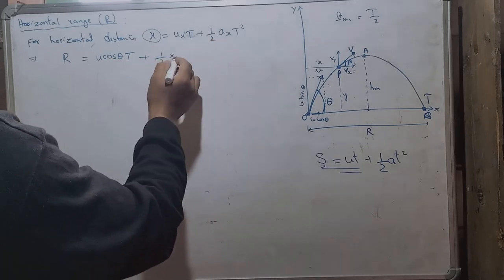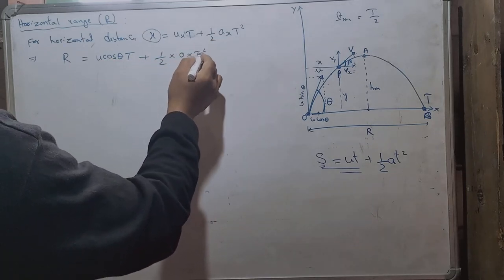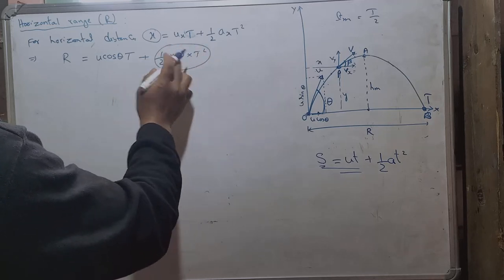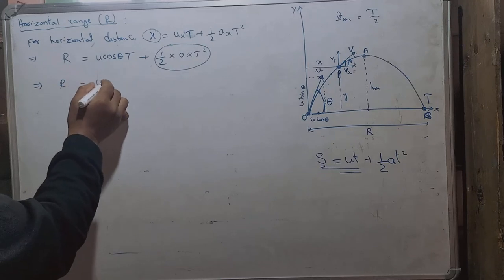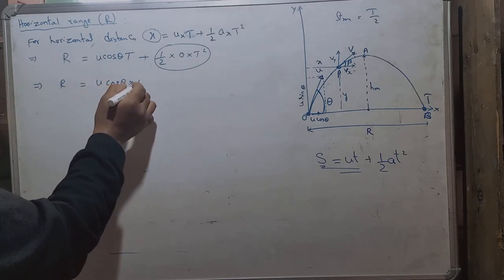What is ax? ax is 0, and then T square. So this will disappear because of the presence of the 0 here. So just R will be equal to u cos theta into T.